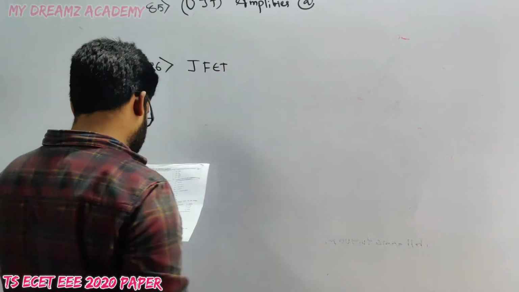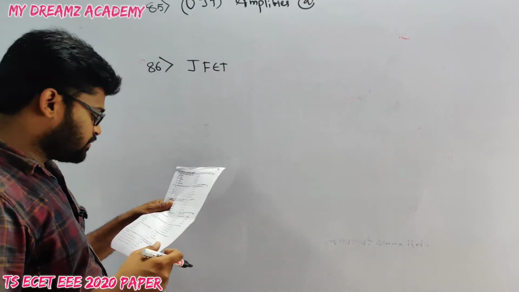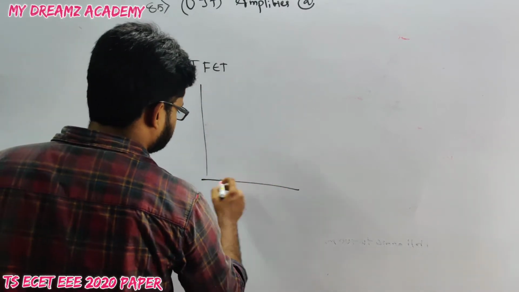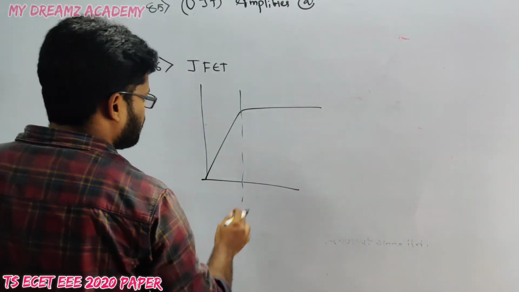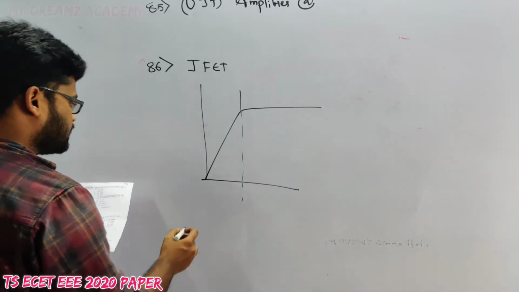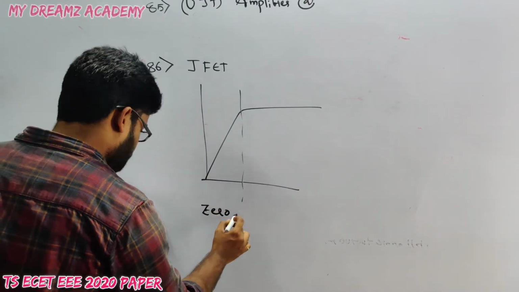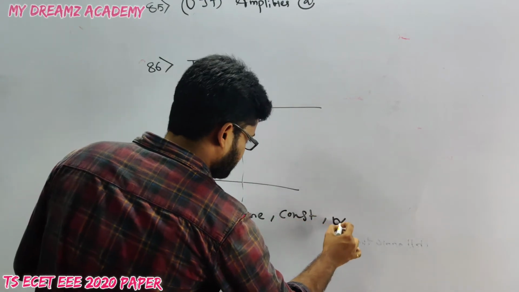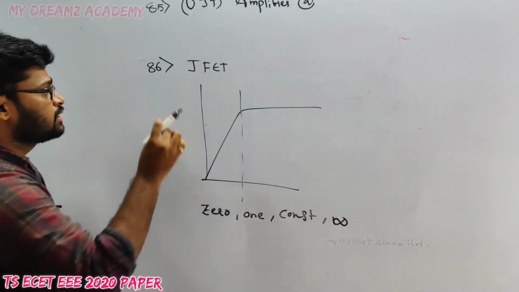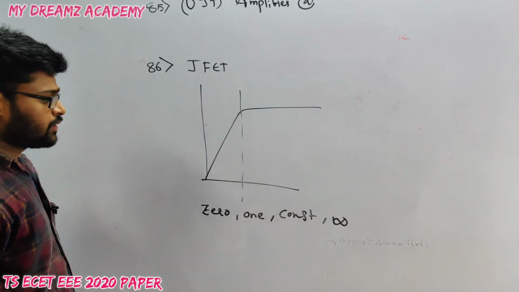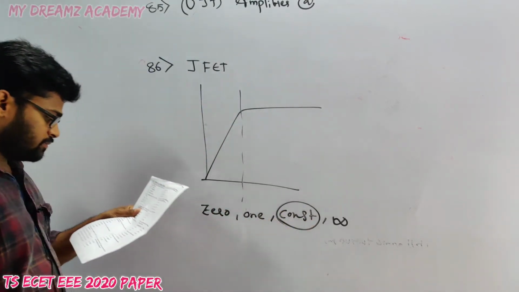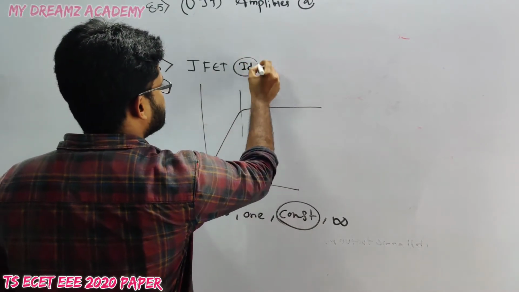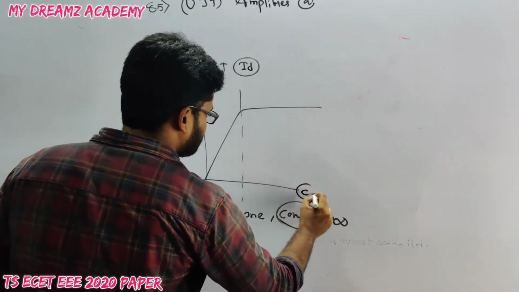At pinch off the drain current becomes: 0, 1, constant, infinite. At a pinch off voltage in the JFET, the current is constant. The drain current ID is constant. So option C is correct for this question.